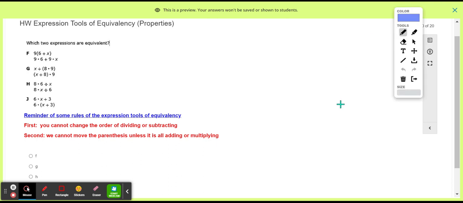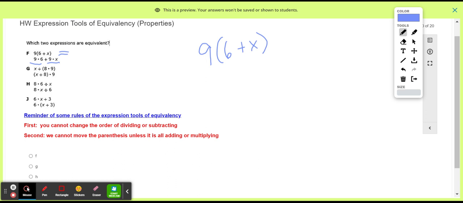And the last one, number 20. Which two expressions are equivalent? So we've got 9 times 6 plus x. I had some kids that were eliminating this answer choice right off the bat.